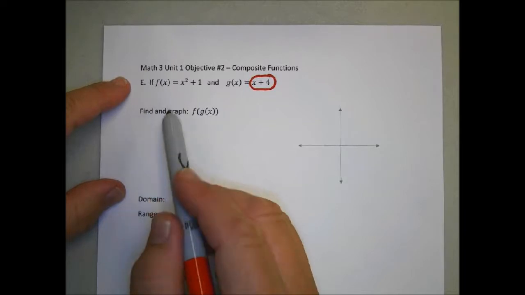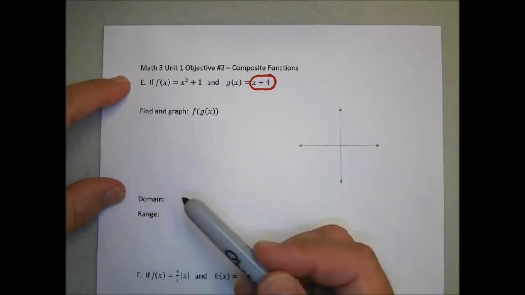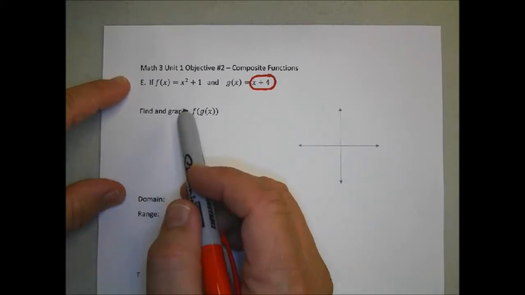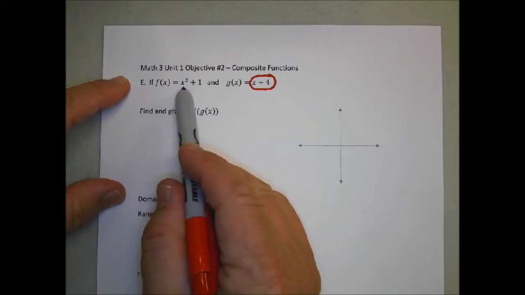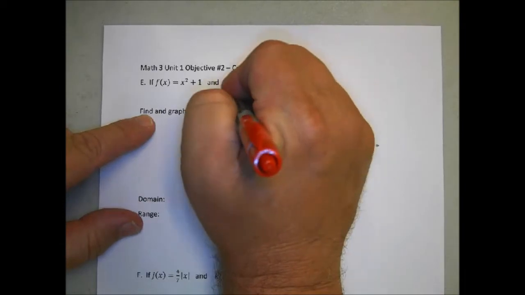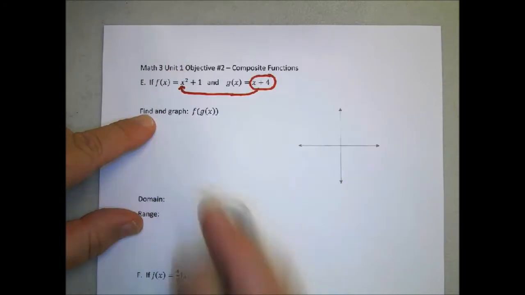Now, if you're plugging something into a function, the only place that something can enter a function is where, I say, a window opens. Well, the window opens at the variable, in this case, the variable x. So when this window opens, the x plus 4 can enter the function right there.